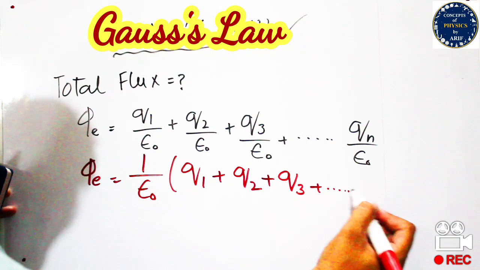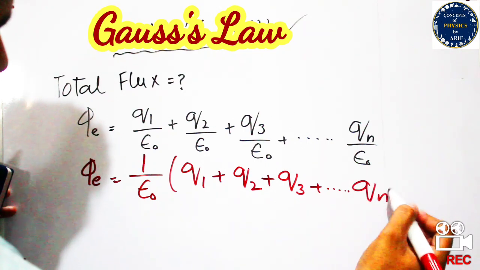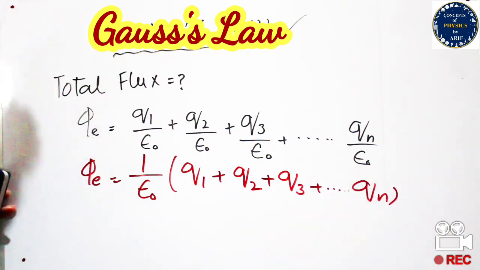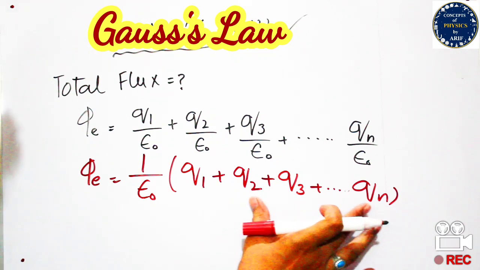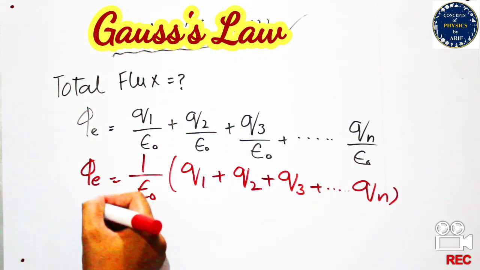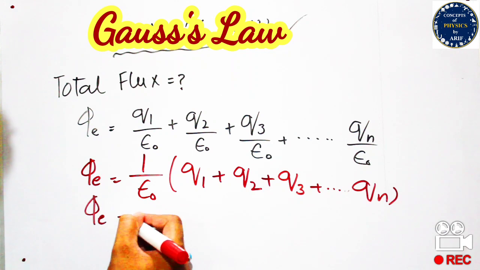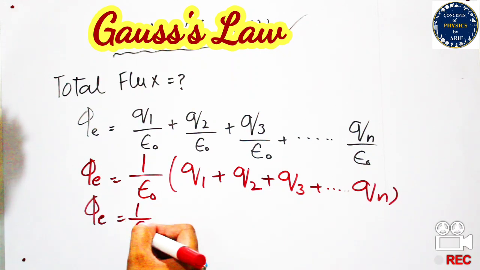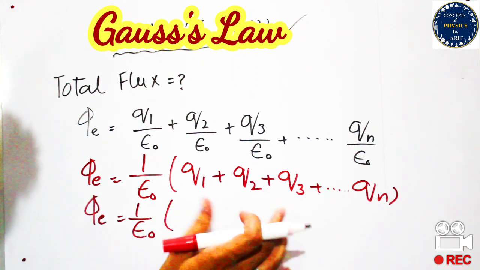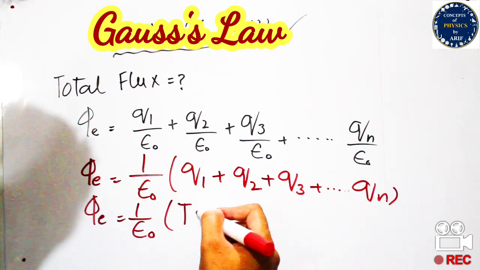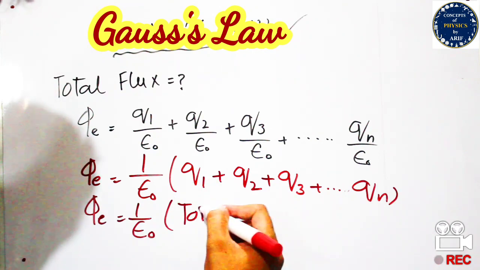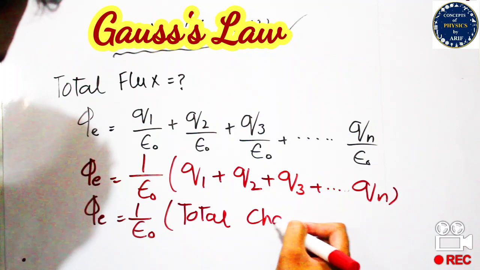These are the charges arbitrarily distributed in the irregular shape. So the electric flux, or total flux, is equal to 1 over epsilon naught times the total charge contained in that irregular shape of the body.